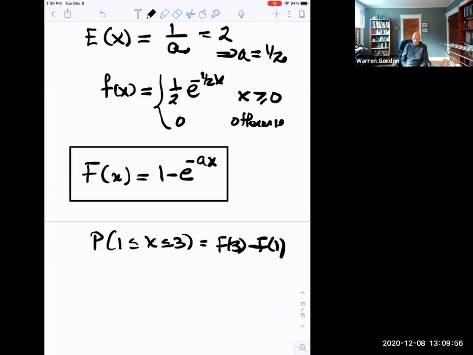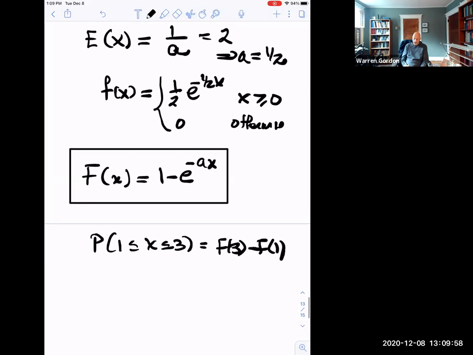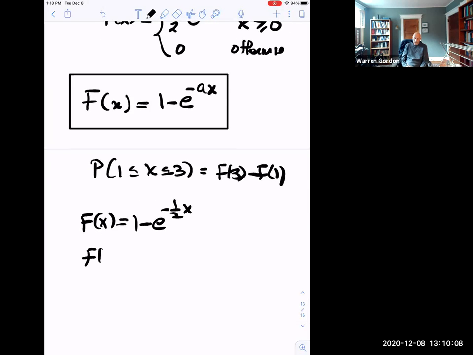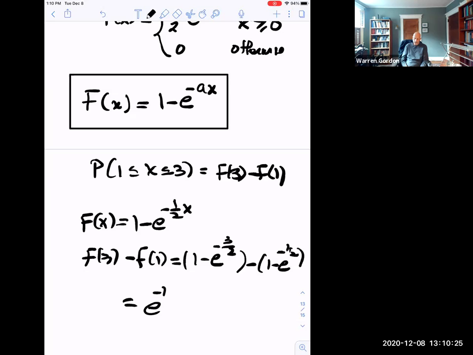That means in this example, F of x is equal to 1 minus e to the minus 1/2 x. So F of 3 minus F of 1, which is the answer to this problem, is just (1 minus e to the minus 3/2) minus (1 minus e to the minus 1/2). And that just turns out to be e to the minus 1/2 minus e to the minus 3/2, which is a nice answer for an exam.